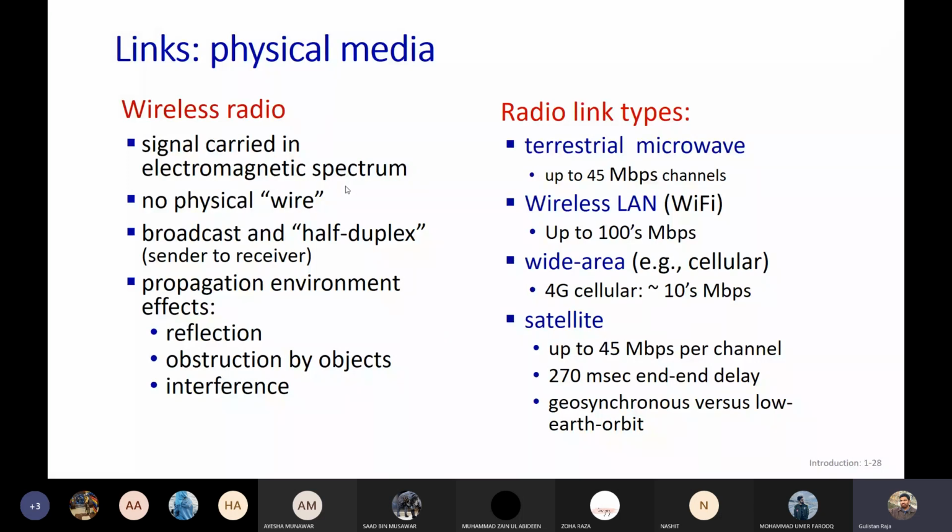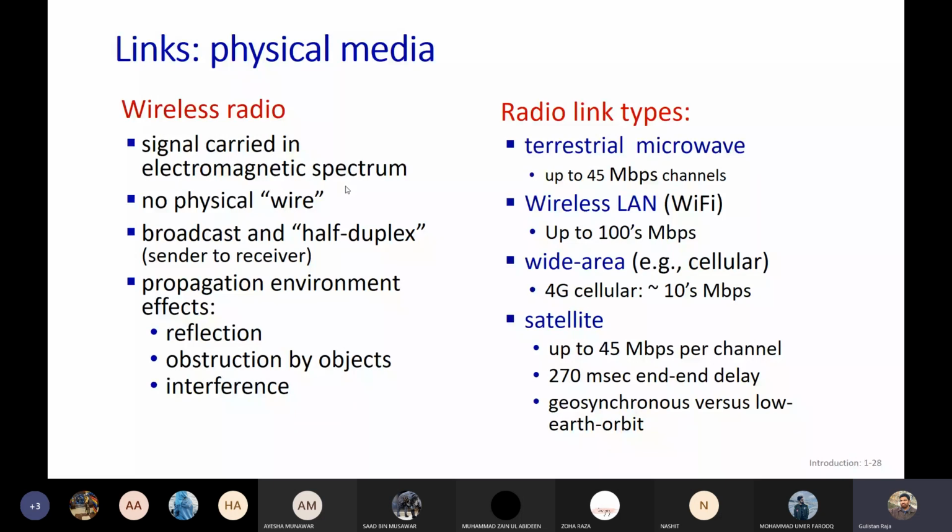So these are some types. The right side of the slide shows you different radio link types. For example, there can be a terrestrial microwave link. It can have 45 Mbps channels, Wi-Fi up to hundreds of Mbps, cellular tens of Mbps, and satellite. Satellite has one issue, that there is a round trip delay. The signal goes to the satellite and then comes back.